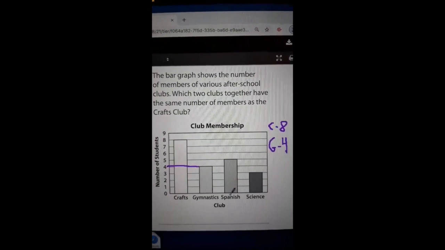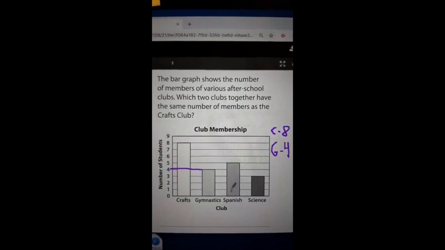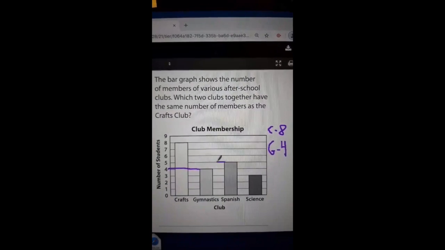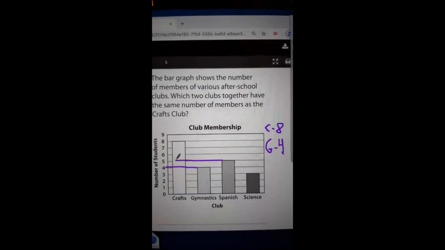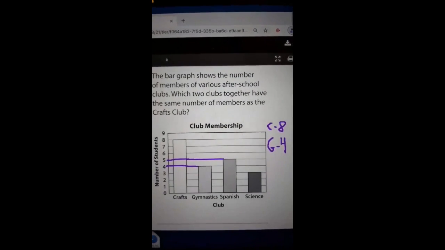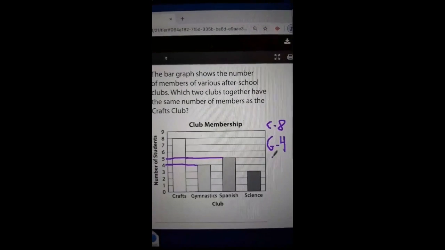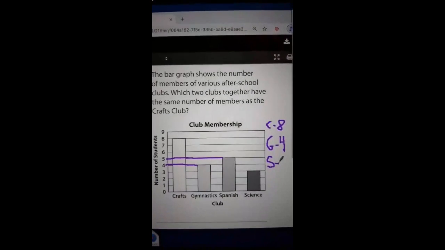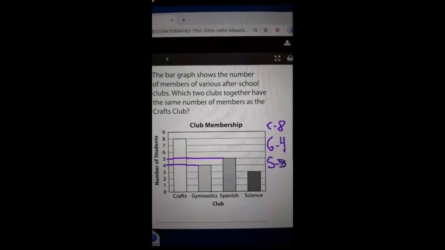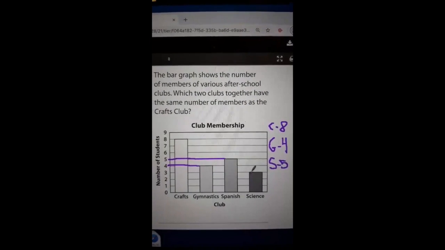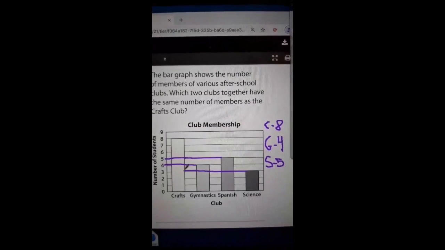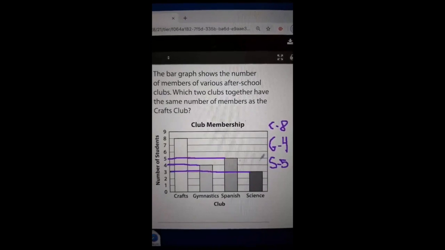If you look at the Spanish club, it has 5 students. So we're going to put S, 5. And if we look at the science club, it has 3 students.